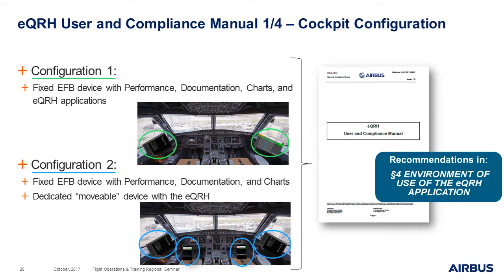As an example, when the eQRH is used with other EFB applications, like in configuration 1, it is recommended that you have a way to quickly display the eQRH from other EFB applications. This access is available to you in FlySmart, iPad and Windows.